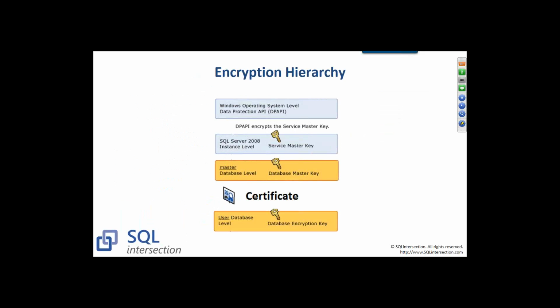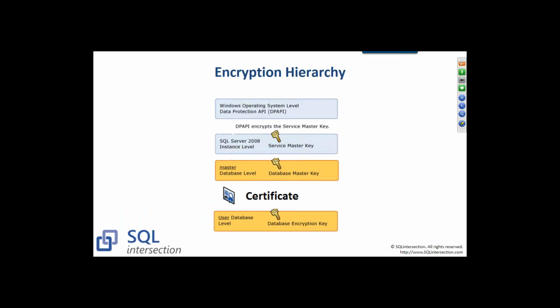Now the next piece in the encryption hierarchy is finally the new keyword, database encryption key. The thing to remember is the database encryption key goes in the user database. So everything we've talked about above this, the service master key is created by the service, the database master key is created in the master database, and the certificate is created in the master database.